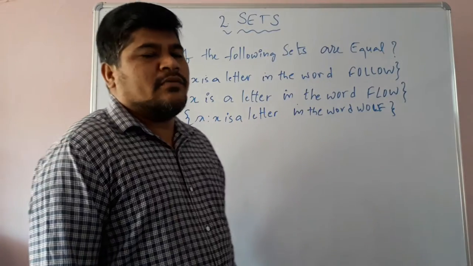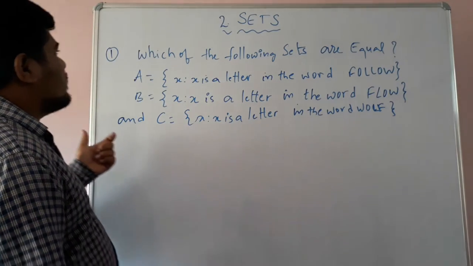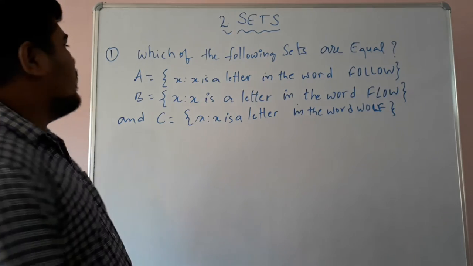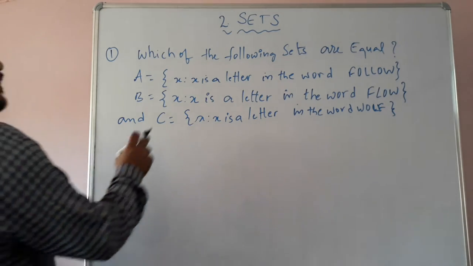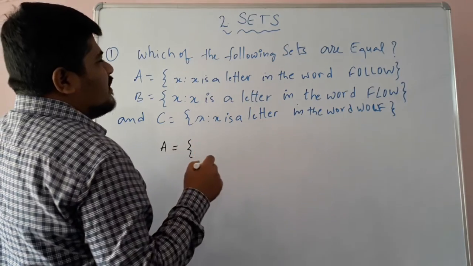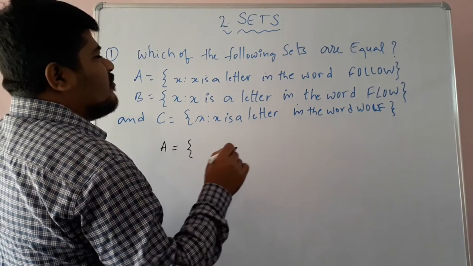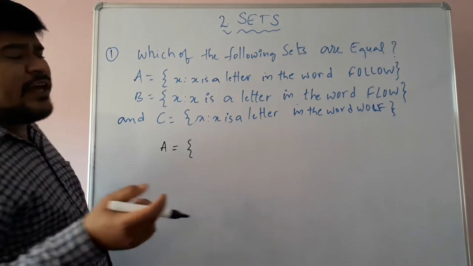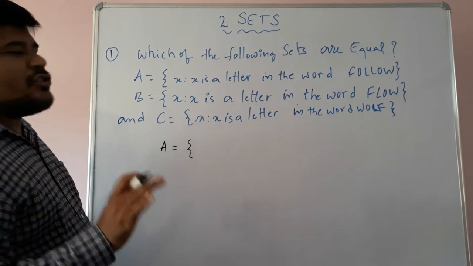Now let's see problem number 1 in exercise 2.3. Which of the following sets are equal? Set A is the set of X such that X is a letter in the word FOLLOW. They gave the set builder form, and we have to write it in roster form.